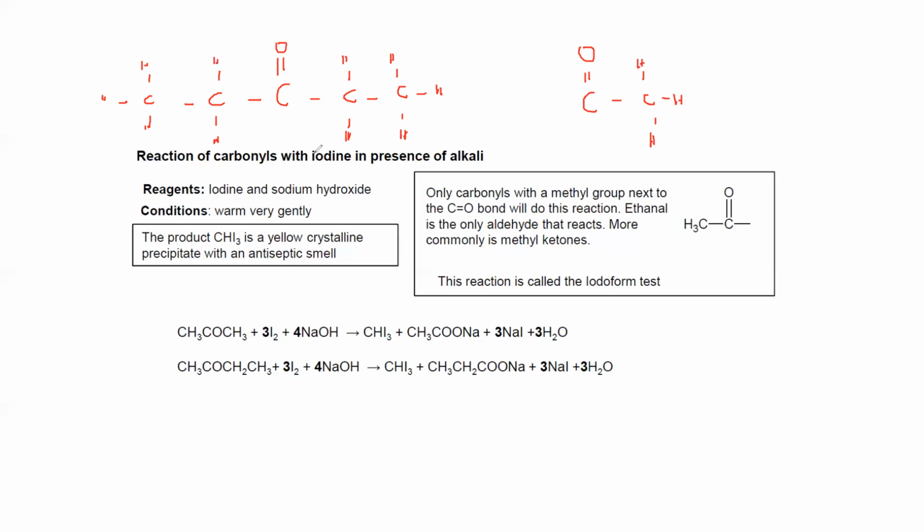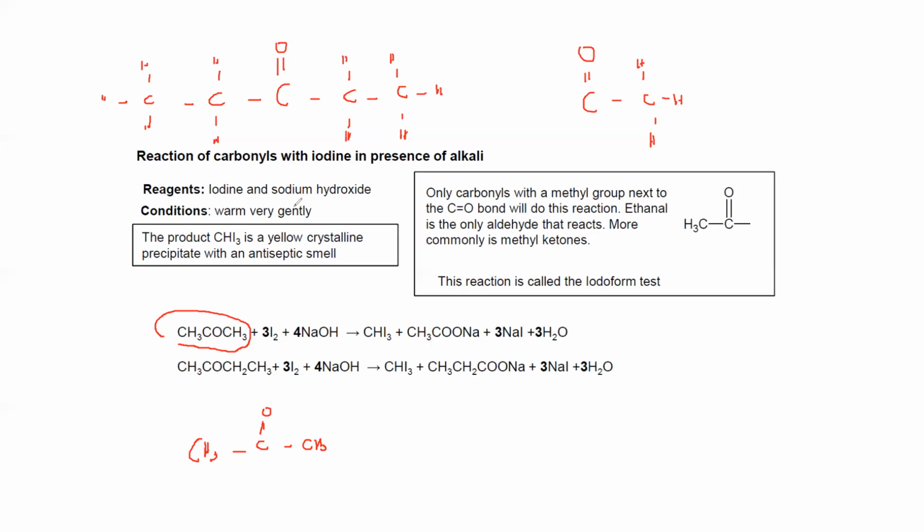The reagents we use for this reaction are iodine and sodium hydroxide, and we warm gently. As you can see, for example, this is propanone, CH3, C double bonded with O, and CH3.